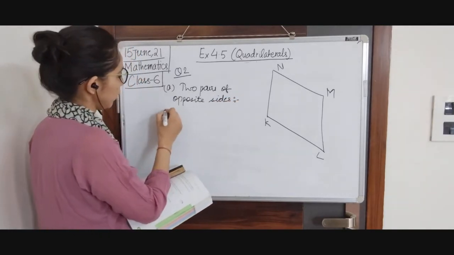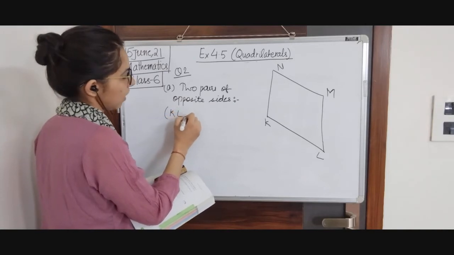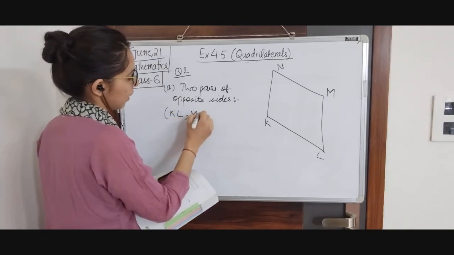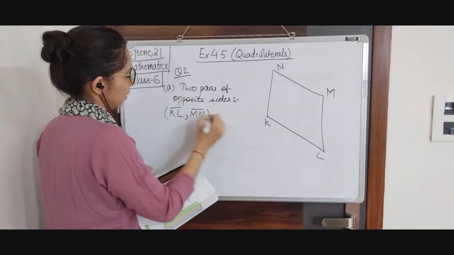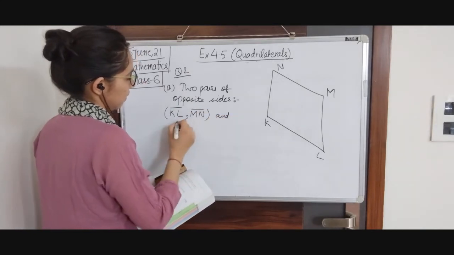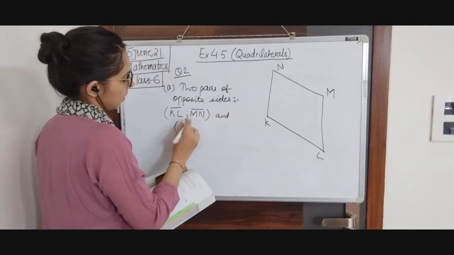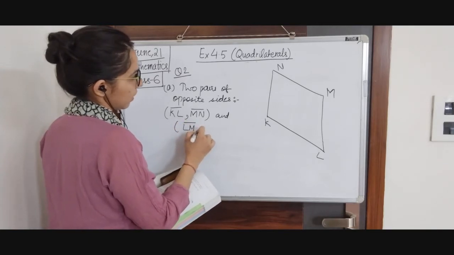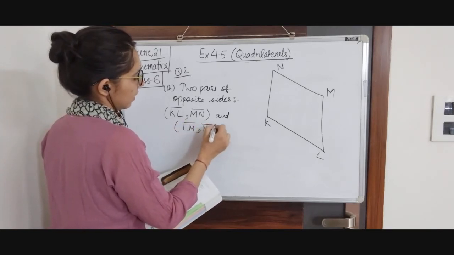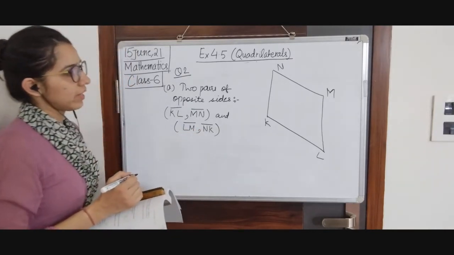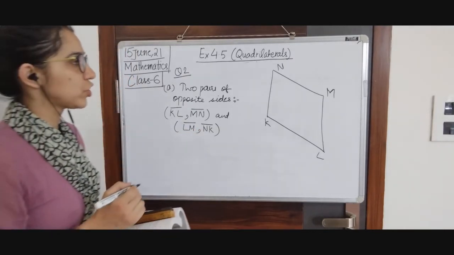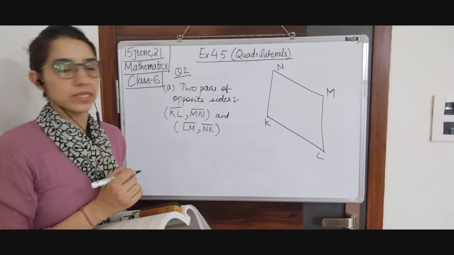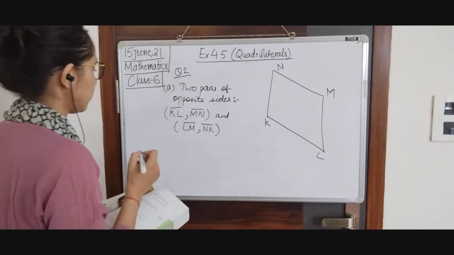These are going to be KL and MN, and LM and NK. Opposite sides are those sides which have no common vertex, no common endpoints.